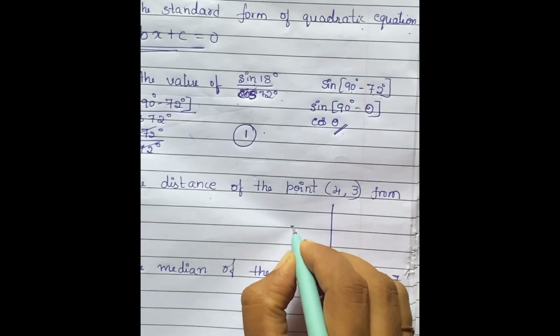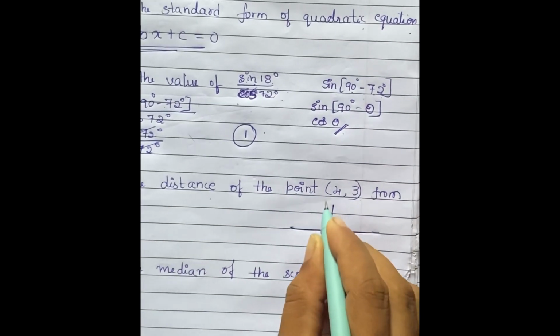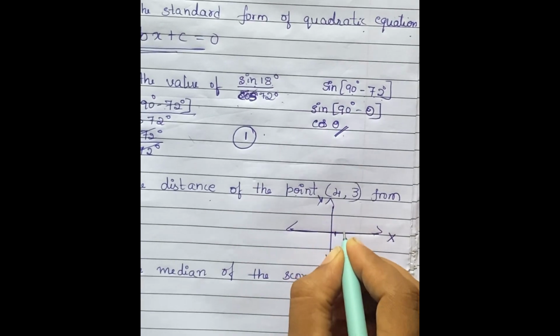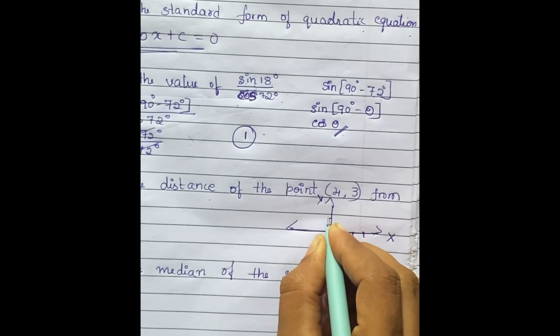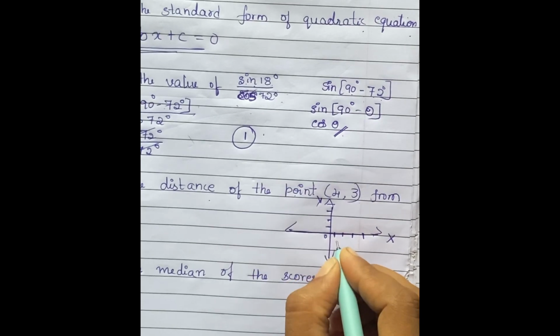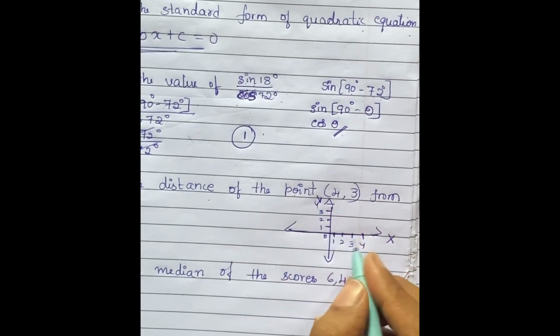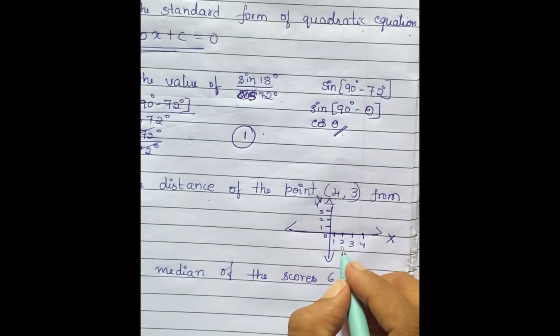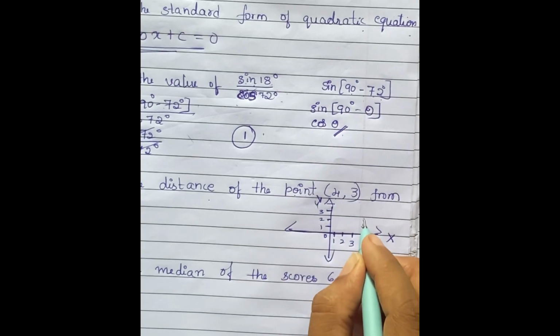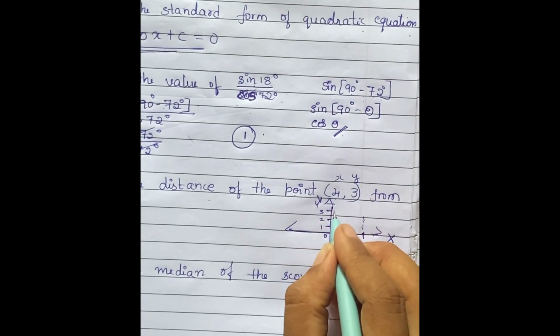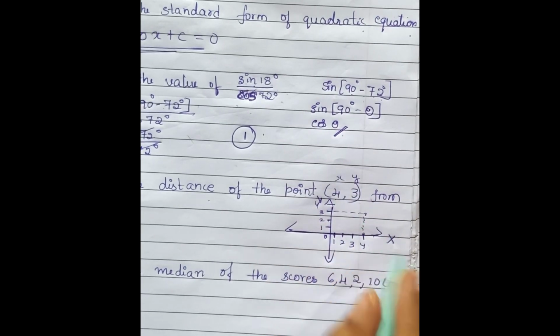This is the x-axis, this is the y-axis, x and y. 1 2 3 4, 1 2 3 4. In x it is 4, in y it is 3; this is the x value, this is the y value. It comes like this in the diagram.